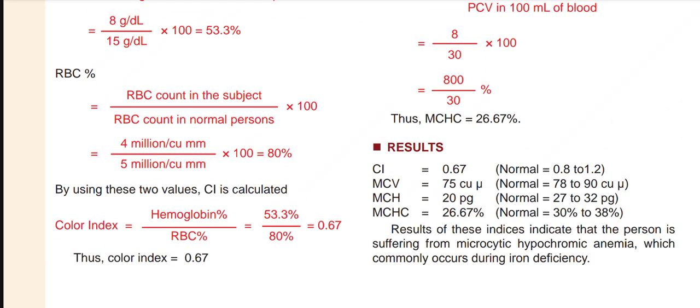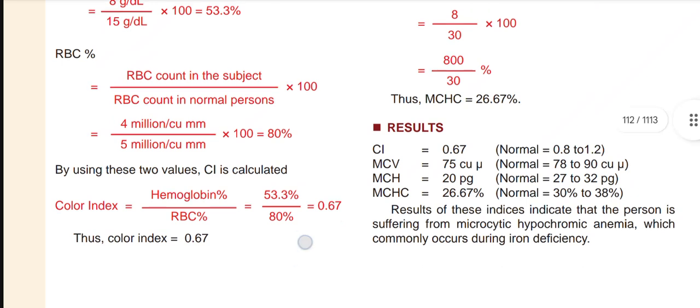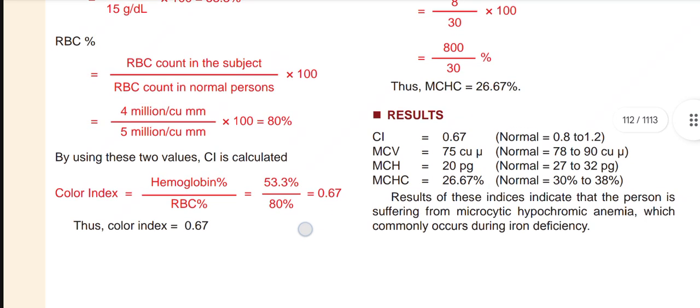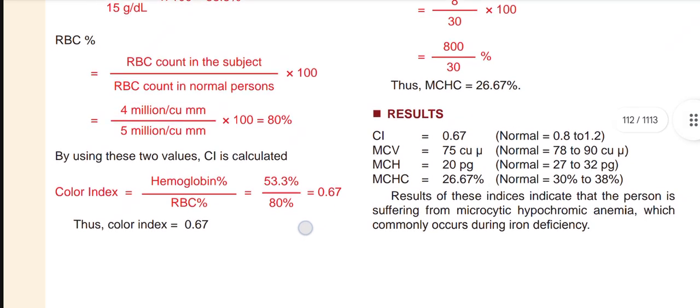So the results are: color index 0.67. The normal range is 0.8 to 1.2, so it is less. MCV 75 cubic micron. The range is 78 to 90 cubic microns. It is slightly less, more or less nearer to the normal. Then MCH, it is 20 picogram, but the normal is 27 to 32 picogram.